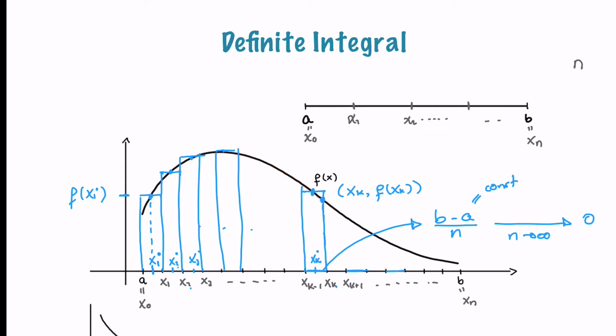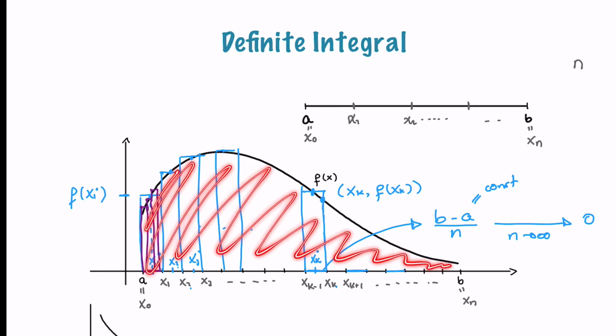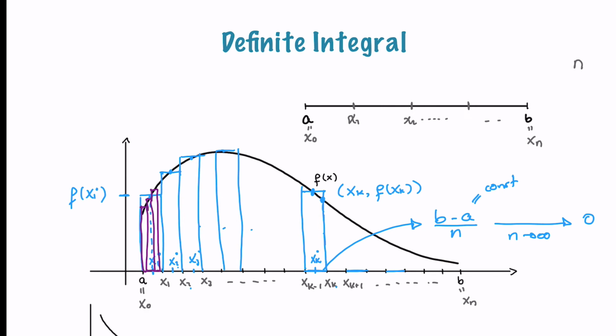So if I refine my partition, with rectangles that are thinner and thinner, we have less extra and less under. Now imagine you almost have no width. That's when you're taking the limit, and that is what makes us able to find the area below the curve right here. How do we do that mathematically?